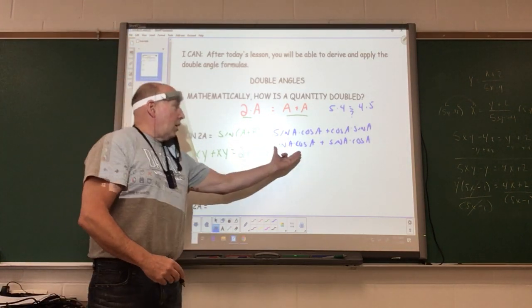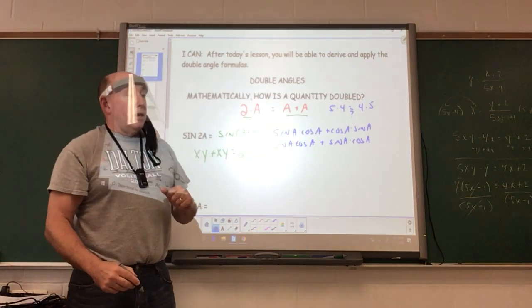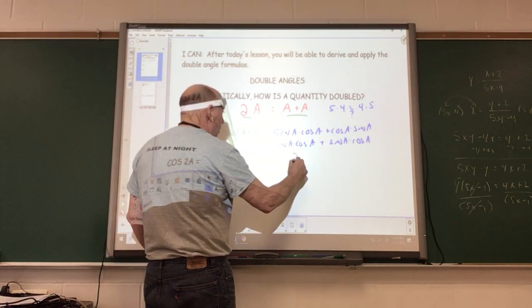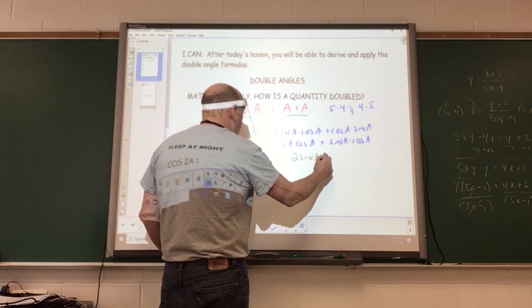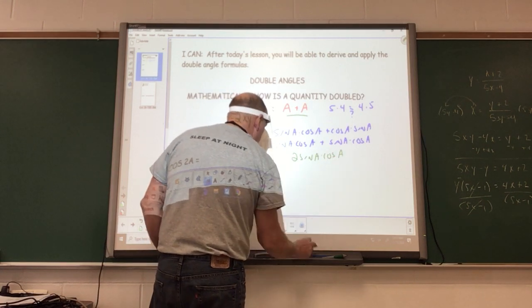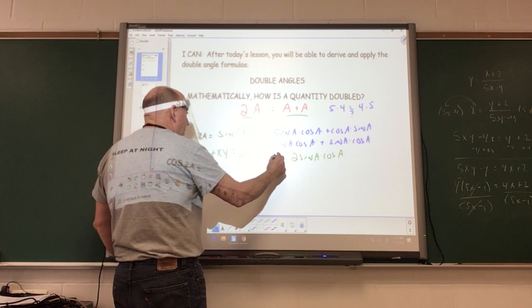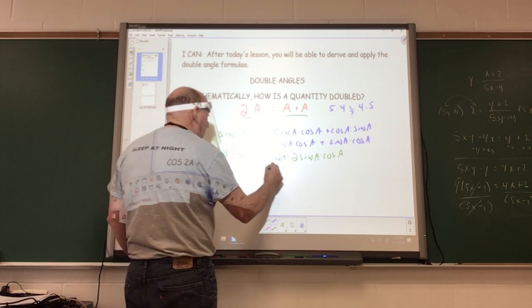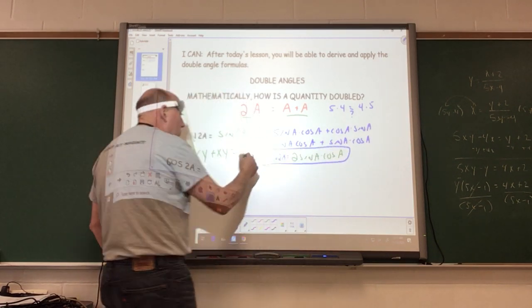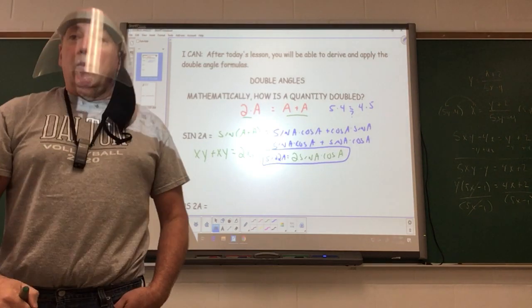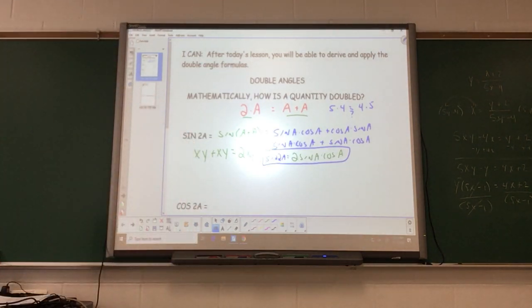So if I have sine A cosine A plus another sine A cosine A, that's going to give me 2 sine A times the cosine of A. And this is your sine of 2A. Once again, something else to add to your identity sheet. Sine of 2A is 2 sine A times the cosine of A.